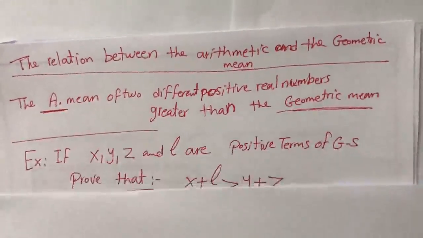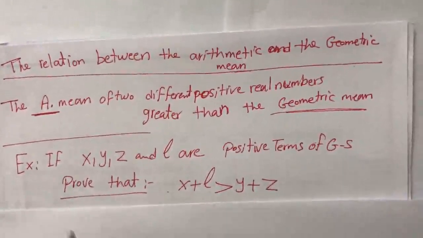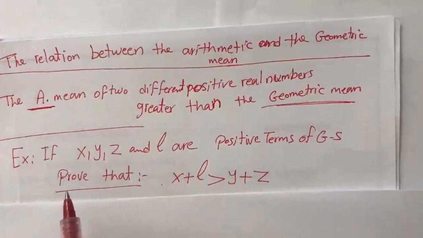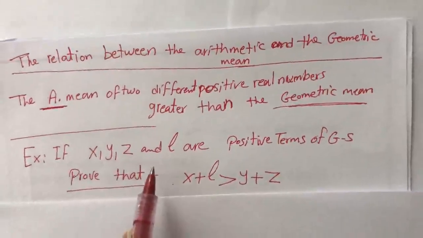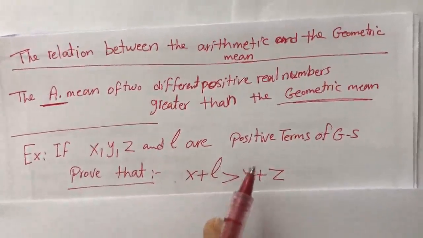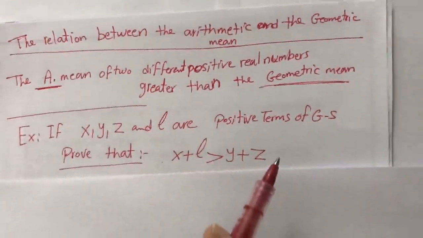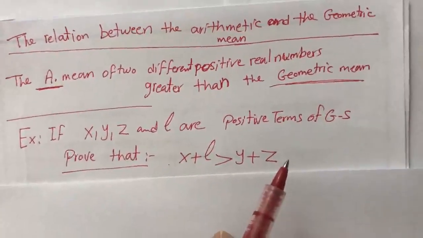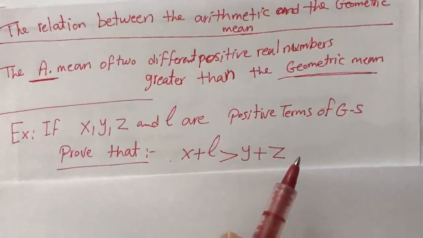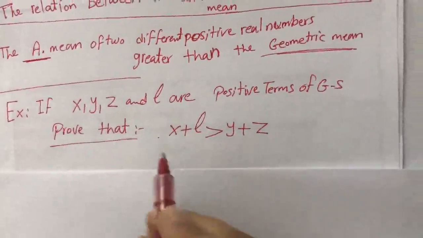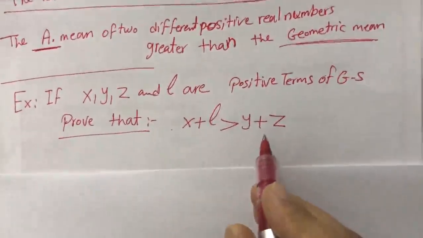For example, he said to you that if you have x, y, z and l as positive terms in a sequence, and he asks you to find or prove this relation, x plus l bigger than y plus z.